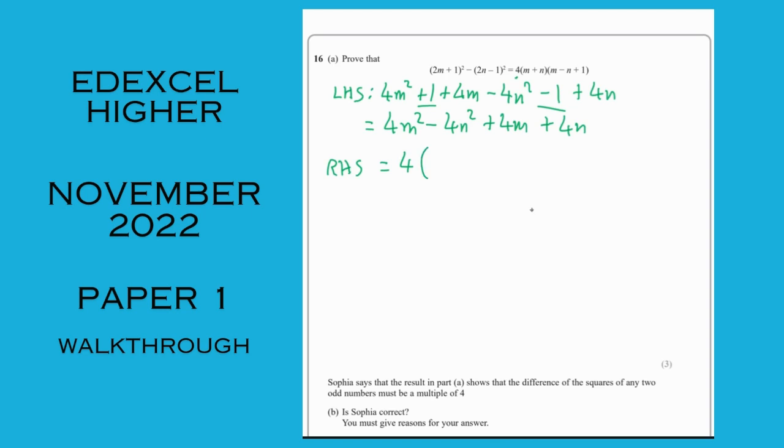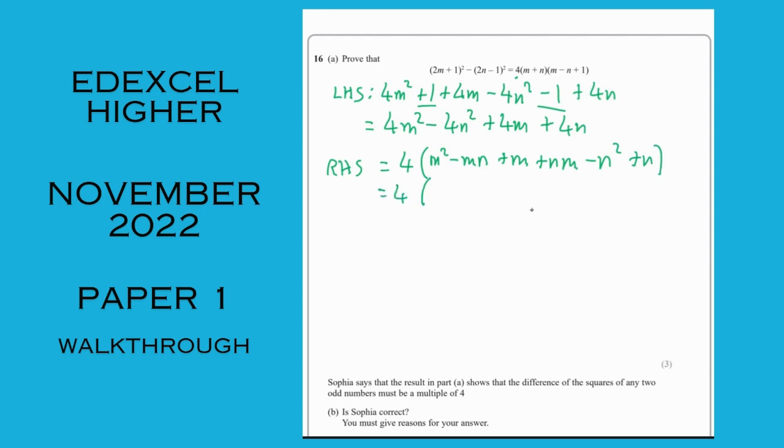Right-hand side, I'll do the 4 later. Let's do the other loop. So m times all of these. M times m, m times negative n, and m times 1. And then we've got n times all of these. So positive nm, negative n squared, positive n. Don't do too much at once.